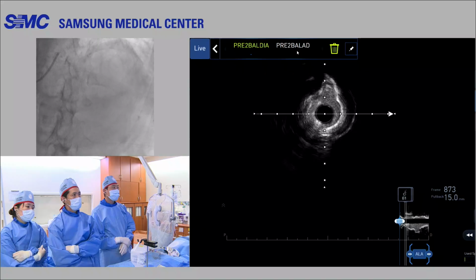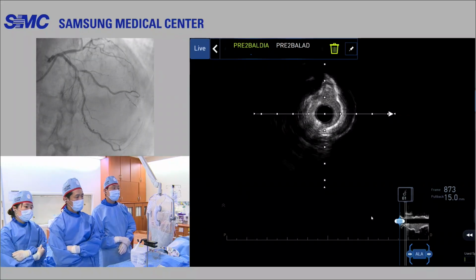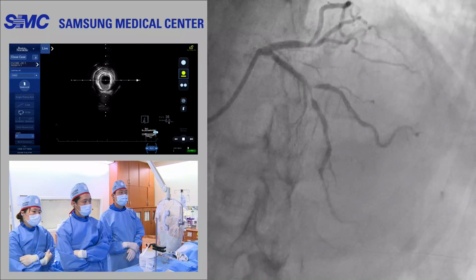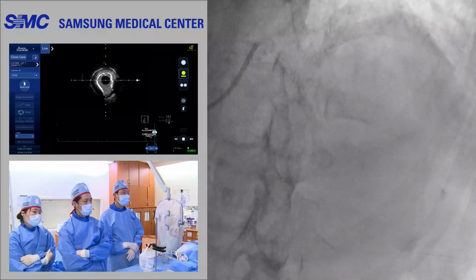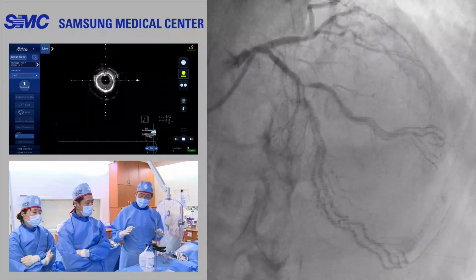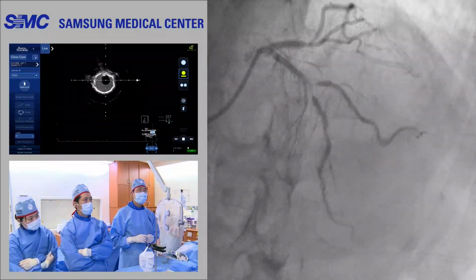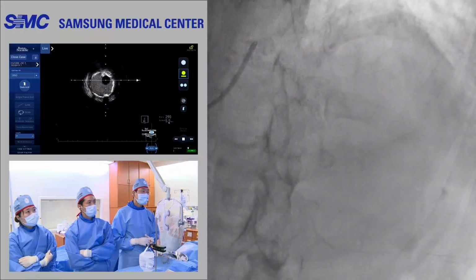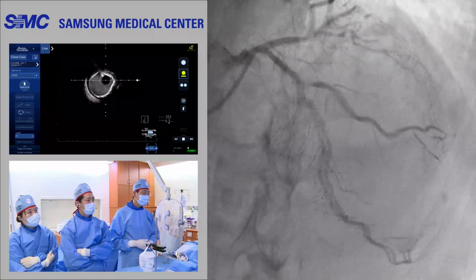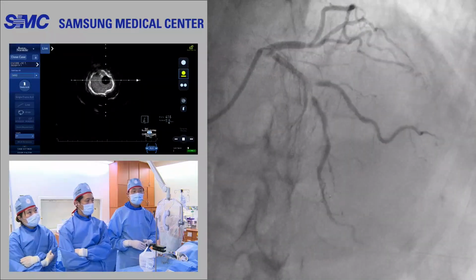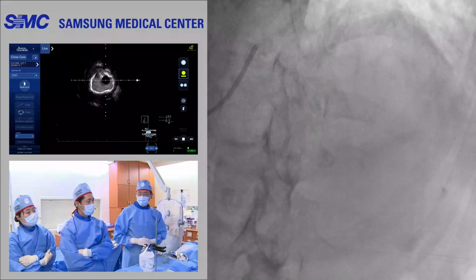Right. So you had better do the imaging more distally without the calcium segment, especially in the diagonal. It's a small vessel, but in my eye it is more than 3.5. It's quite a big vessel.